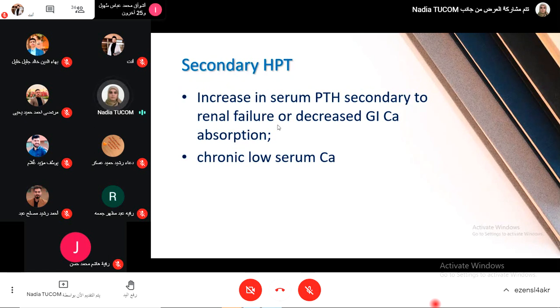So the kidney cannot filter phosphate properly into the urine, resulting in what we call renal osteodystrophy, which is a bone manifestation, including bone pain and bone fracture, secondary to renal failure and the hypocalcemia induced by renal failure. So secondary hyperparathyroidism results in chronic release of parathyroid hormone with associated bone resorption.